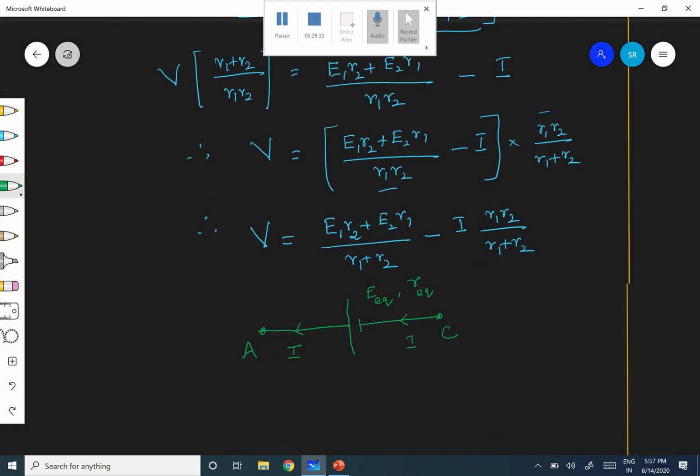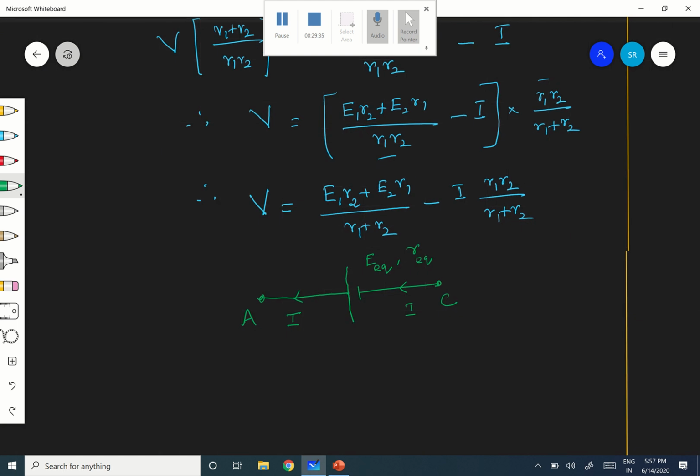Therefore, what is the potential drop across the cell here?